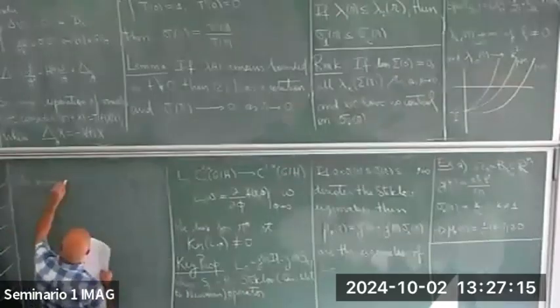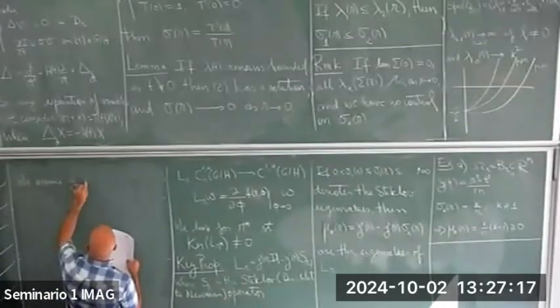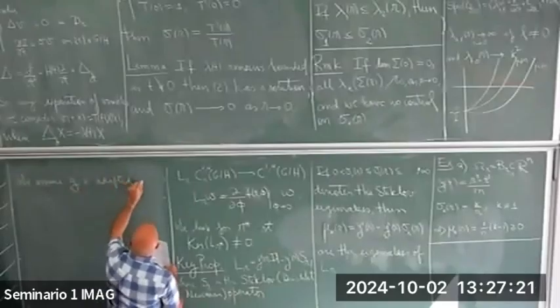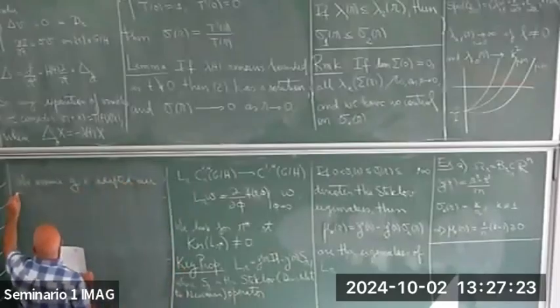We assume the map G is adapted near sigma zero.